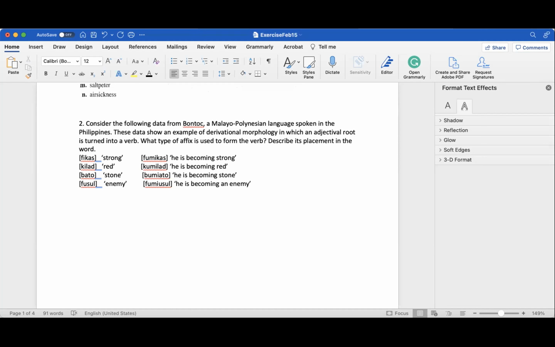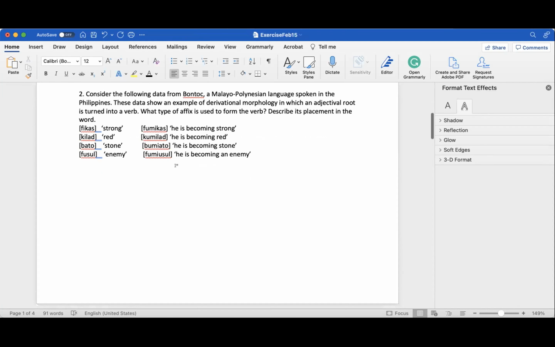So if you look at the ones below it on the right, they all have for he is becoming umi in the middle of the word. Like instead of ficus, it's fumicus. Right. And then kilad, it's kumilad, but I don't know if the I would be considered in there because baro is bumiado.